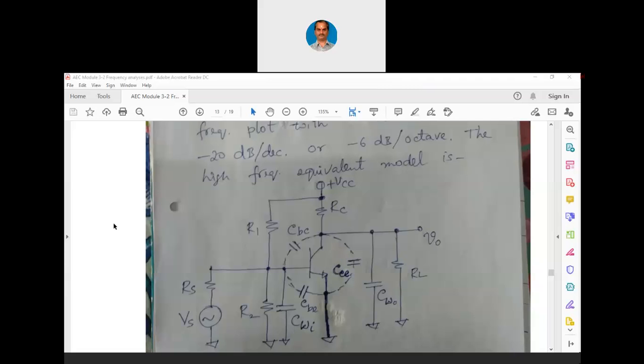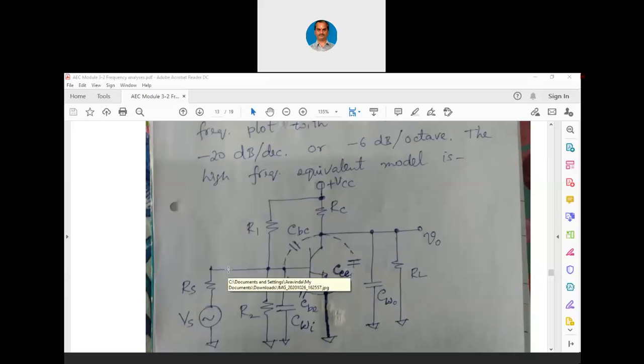You can see here that the transistor's amplifier circuitry is modeled along with other parasitic capacitances. Here, especially CWI, CBE, CBC, CCE, and CWO. They are parasitic capacitances. And we had modeled the high frequency circuit using an RC network.